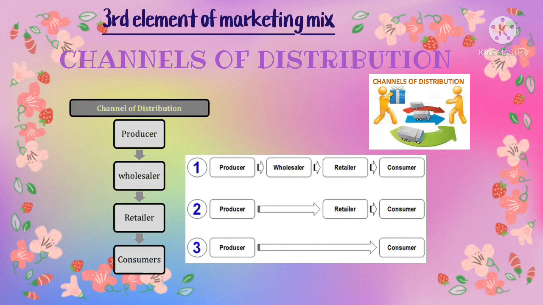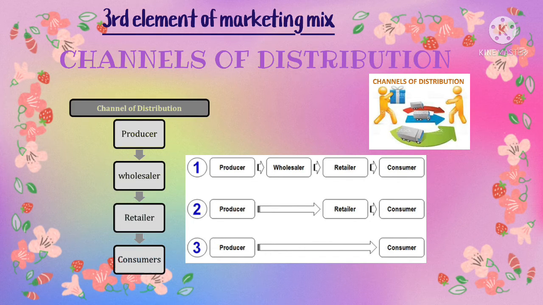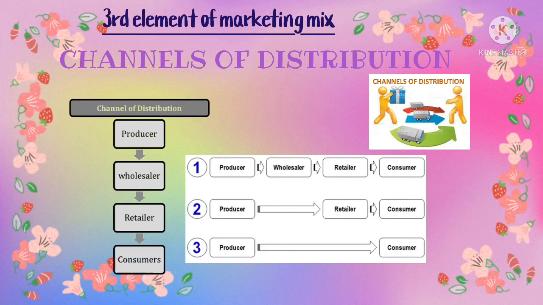So channels of distribution are the firms and individuals who help in transferring the goods from the place of manufacturing to the place of consumption. The common types of channels of distribution are, like I told you, the wholesalers and the retailers.